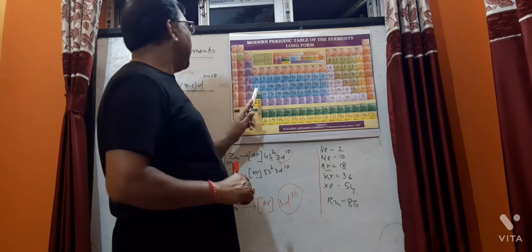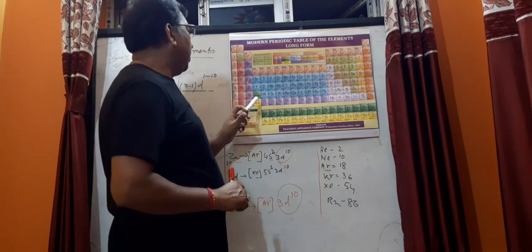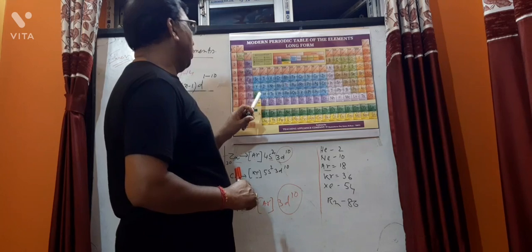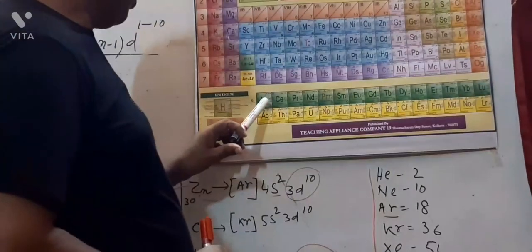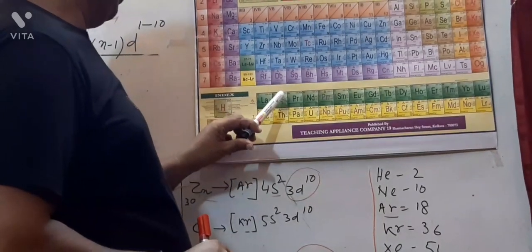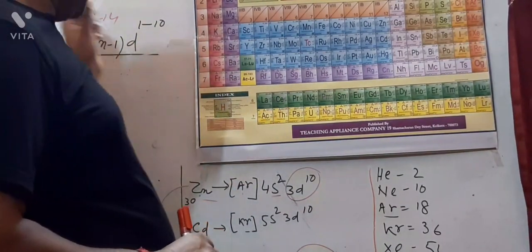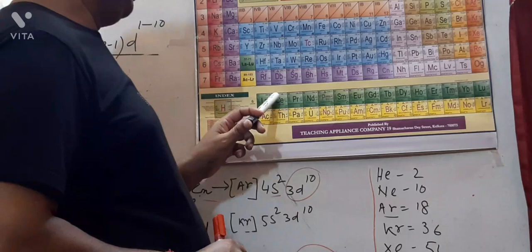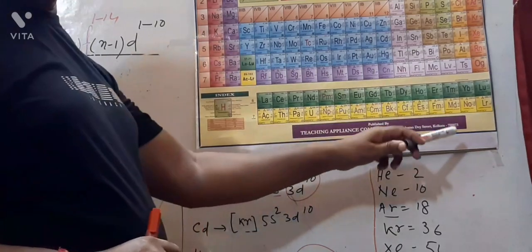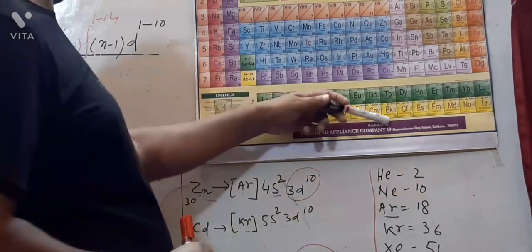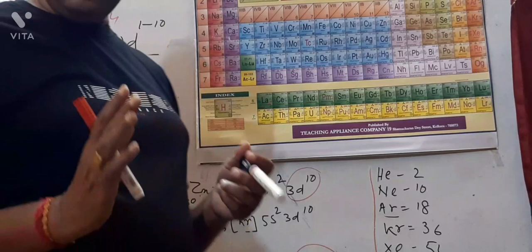That is from lanthanum, actinium to lawrencium, lanthanum to lutetium. This is from cerium, as we have already told, 58 to 71, and from thorium, 90 to 103. These are called the inner transition elements.